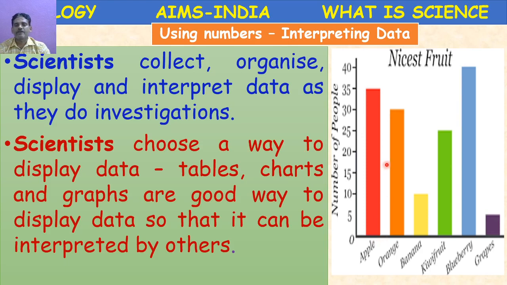So 35% people say apple is a nice fruit, and 30% say orange is a nice fruit, and 10% banana, and 25% kiwi fruit, and nearly 40% people say that blueberry is a nice fruit, and only 5% say grapes is a nice fruit.